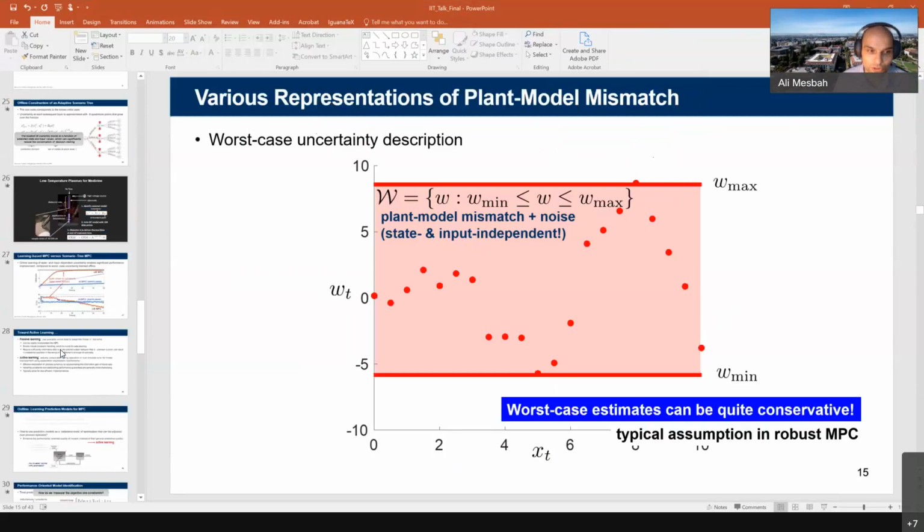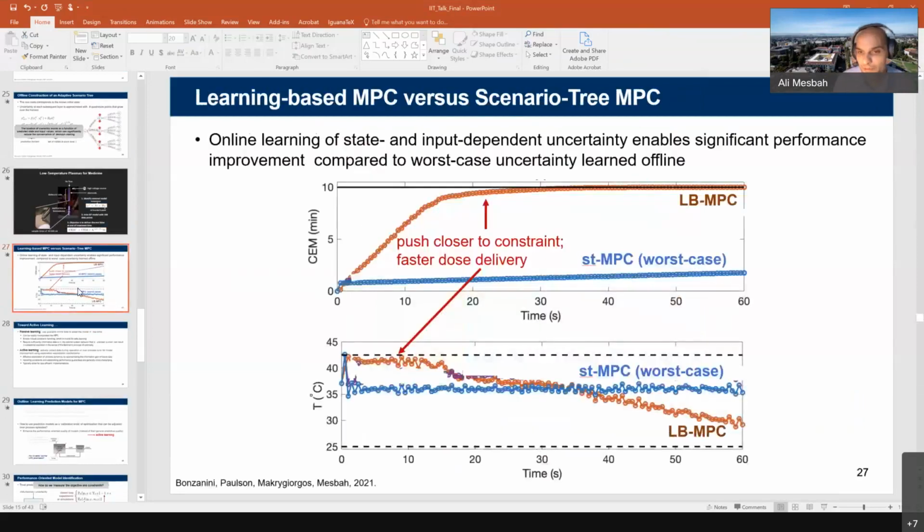But again, to your question, in this real application, this scenario tree MPC is in fact a robust control approach, which is based on a rigid description of uncertainties. Whereas this learning-based approach adopts a state and input dependent uncertainty description. And you can see how the performance is vastly improved. Why? Because a rigid uncertainty description, either worst case or probabilistic, cannot account for the variations of your system over time, or the structural plant-model mismatches.